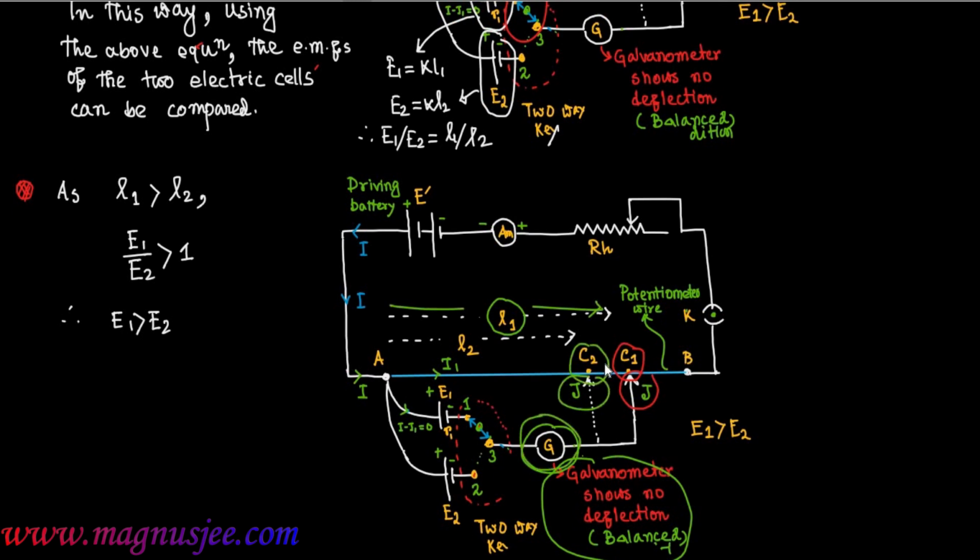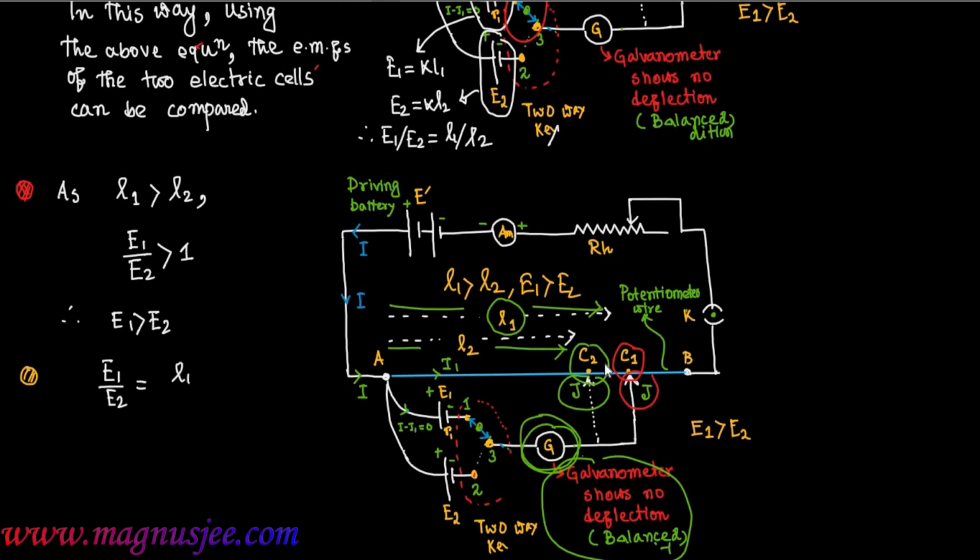When the same jockey J is pressed with the point C2, the galvanometer shows no deflection and the point C2 is at a distance L2. As L1 is greater than L2, the EMF of the first electric cell will be greater than the EMF of the second electric cell.